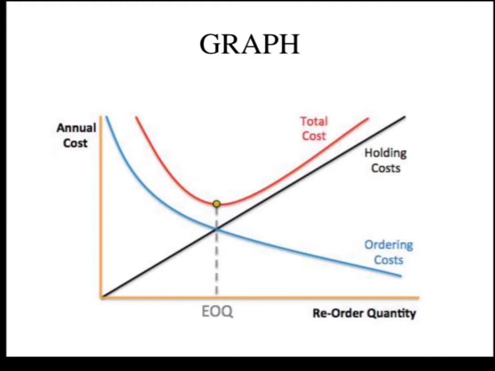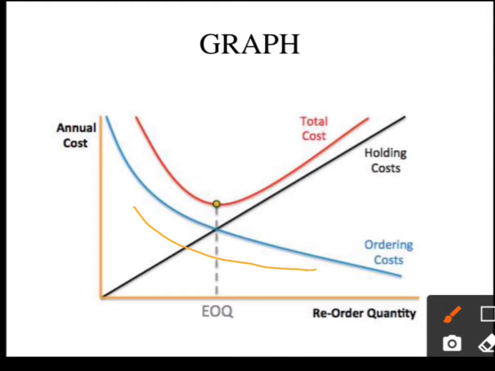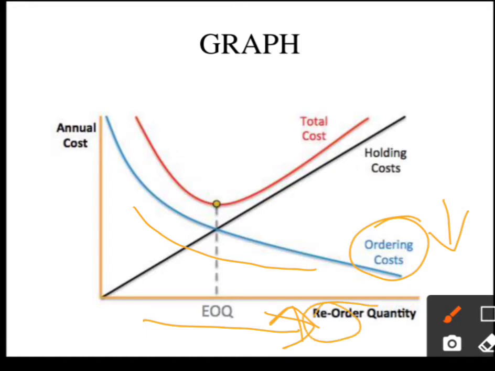You can see that as the ordering quantity increases, as we move along the x-axis, the ordering cost is decreasing.